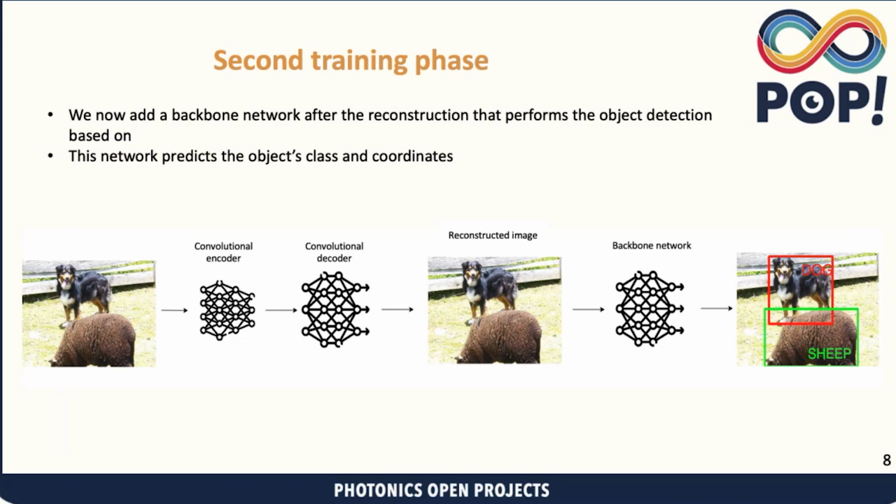During the second training phase, we just add the backbone network right after the reconstructed image, and we let the convolutional encoder and decoder still adapt during this training phase to get the most optimized result.